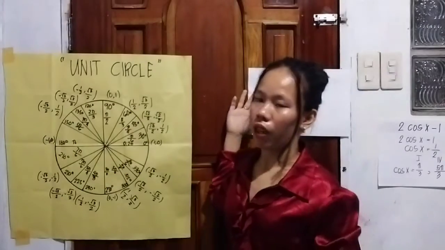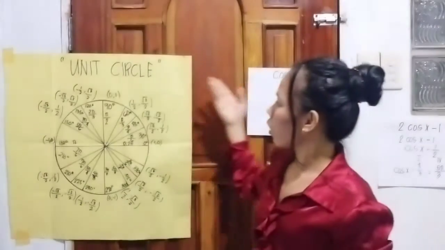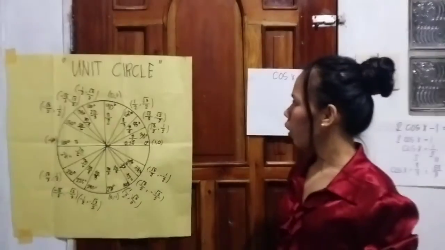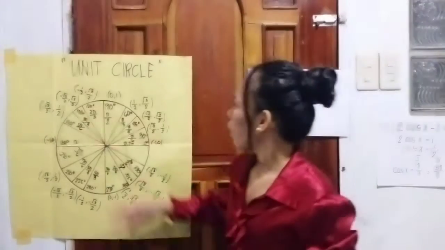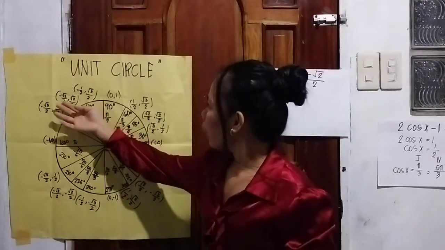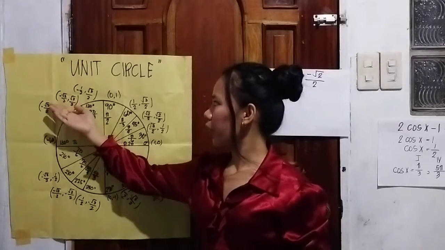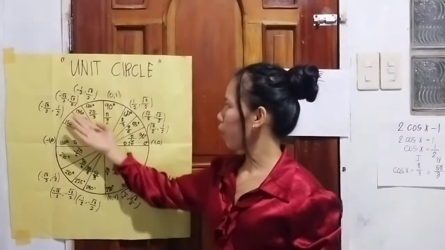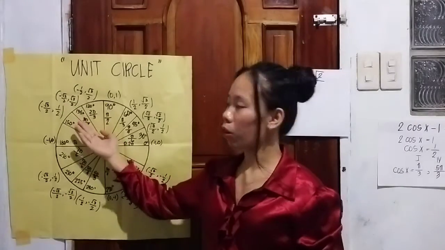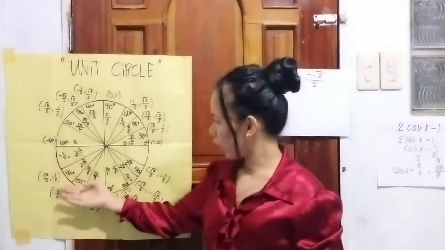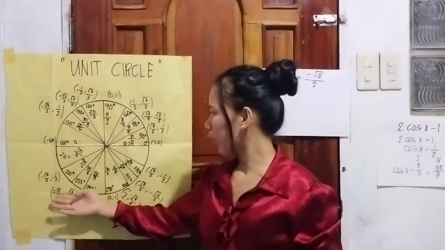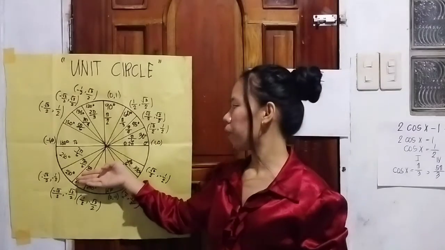Cosine is negative in quadrant 2 and quadrant 3. So we just simply look. As you can see here, negative square root of 2 over 2 is located in quadrant 2, given by 3/4 pi. And in quadrant 3, negative square root of 2 over 2 is 5/4 pi.